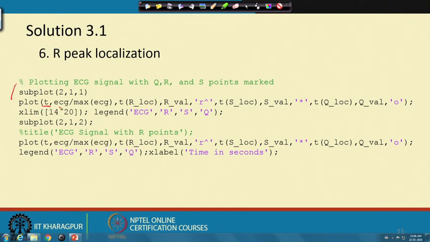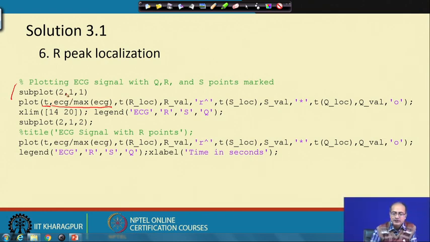First, with respect to time we draw the ECG signal divided by the maximum of it, that is the normalized signal, okay, because ECG signal is what we have read. So, we have normalized that. If we have already normalized that, we need not do that.